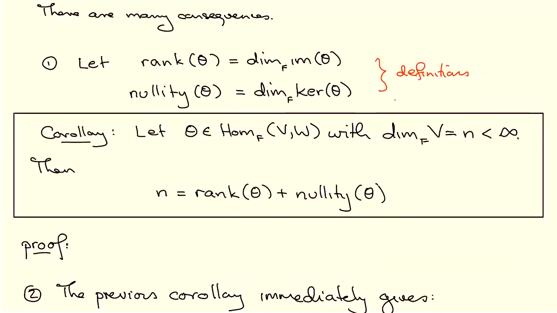This is just because V is isomorphic to kernel plus image. So that says the dimension of V equals, indeed, rank plus nullity.